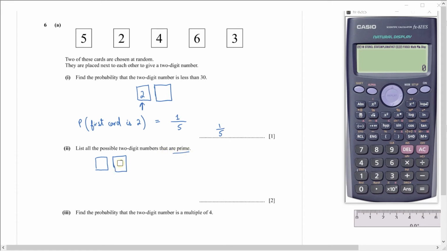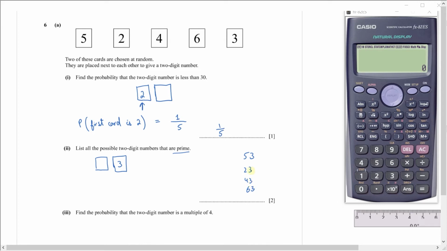So you cannot have 5 here, you cannot have 2, you cannot have 4, you cannot have 6 here as well, because if you have 2, 4 or 6, it will be an even number which cannot be prime. So the only option that is left is that you will have 3 as the second number, and the first number could be anything out of the rest. So let's see what possible combinations we get in which our second number is 3. If my second number is 3, I can get 53, I can get 23, I can get 43, and I can get 63.